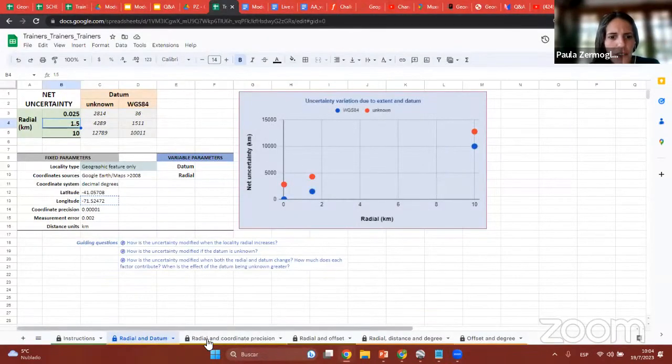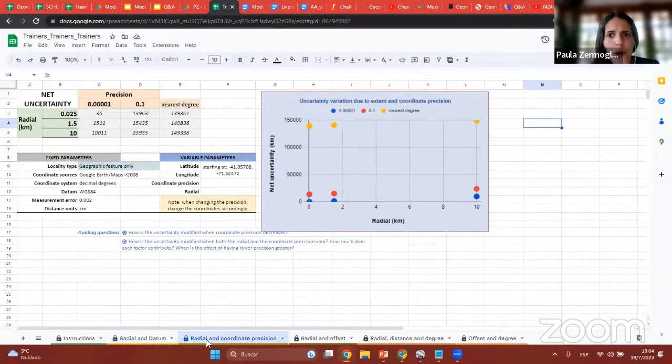Okay, so I'm going to pass to the next tab, where we do something similar with respect to calculating the uncertainty with different parameters. But in this case, we're varying the radial, the size of the feature, and the precision of the coordinates that we get.